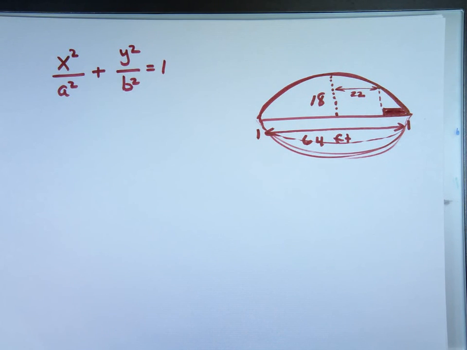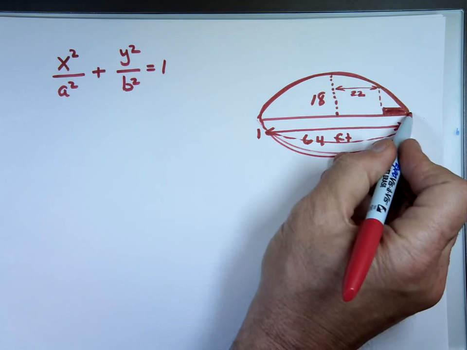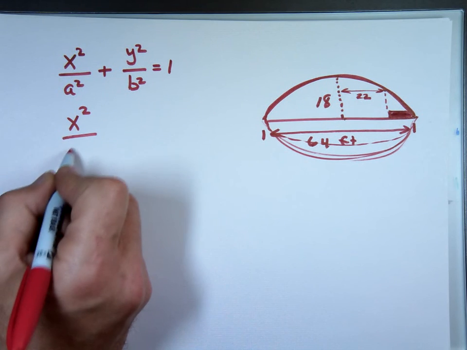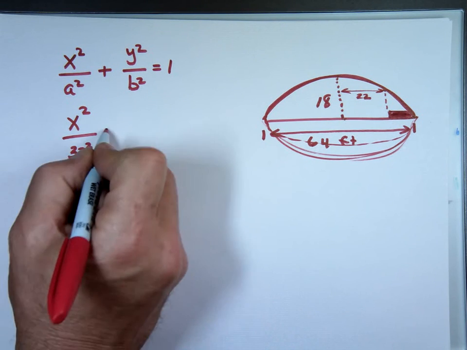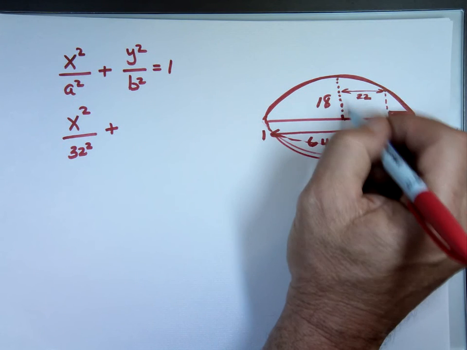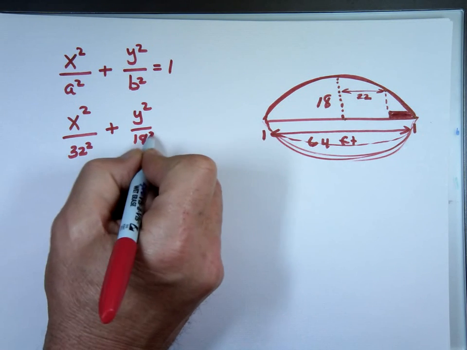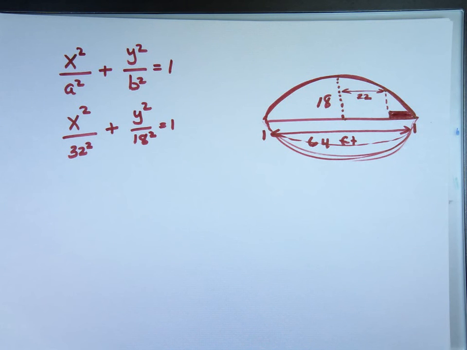Do we know what a is? Yes. What is it? Half of 64. That's what a is. a is 32. Do we know what b is? 18. Let's see what these numbers are.